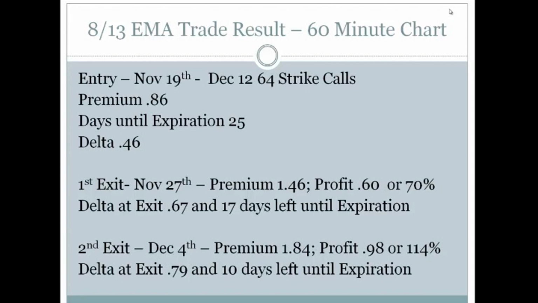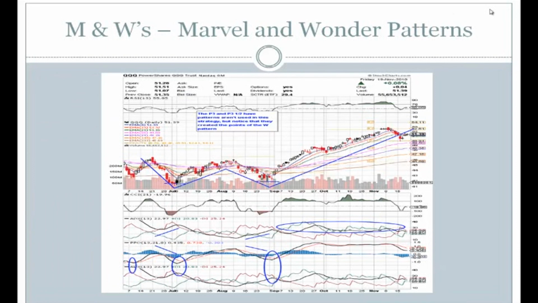We are now going to talk about the M's and W's. Another name would be double tops and double bottoms, but I like to call them Marvel and Wonder patterns because they truly are. They can be marvelous as far as their profit and just wonderful trades.